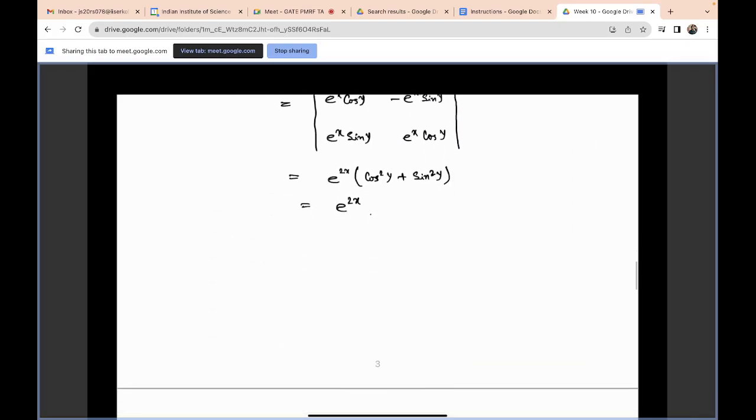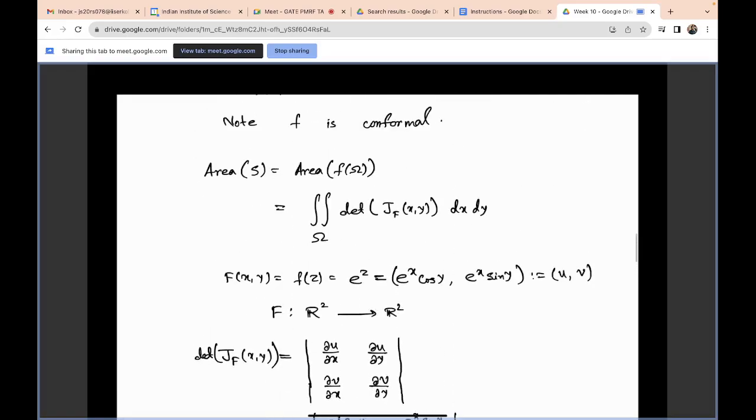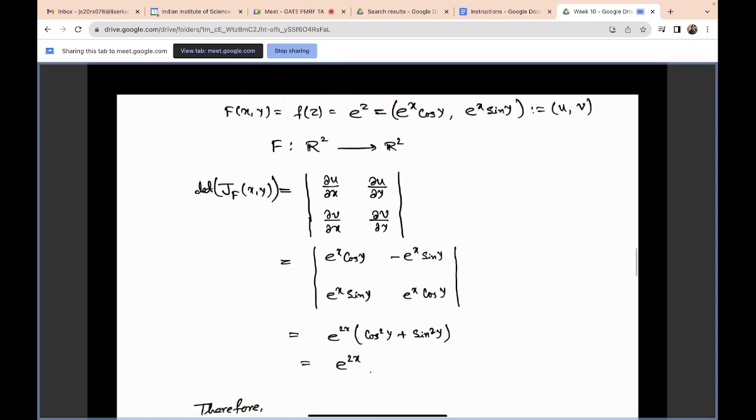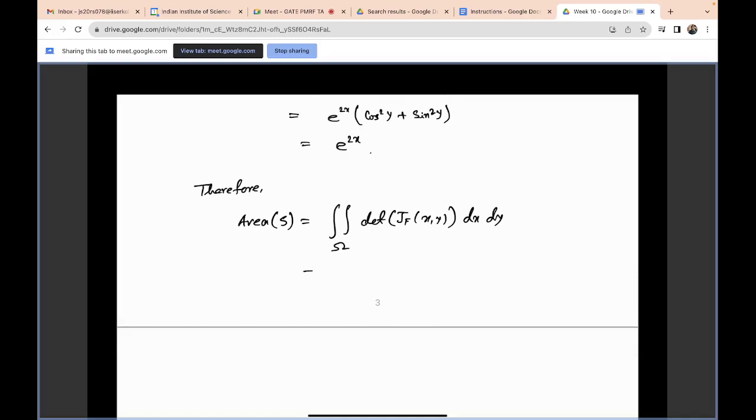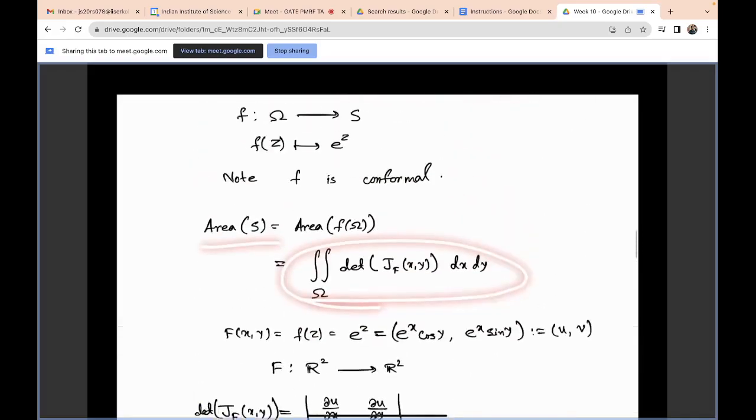So therefore the area of S is given by the integral over omega of the determinant of the Jacobian, dx dy. And we have got this Jacobian. What is omega?